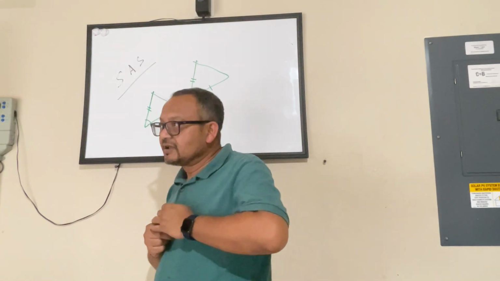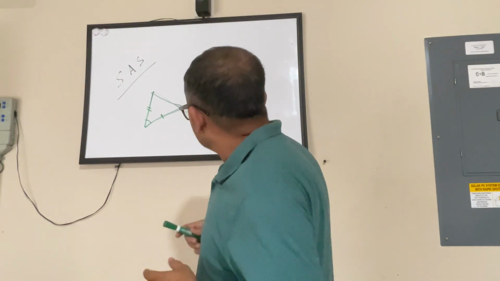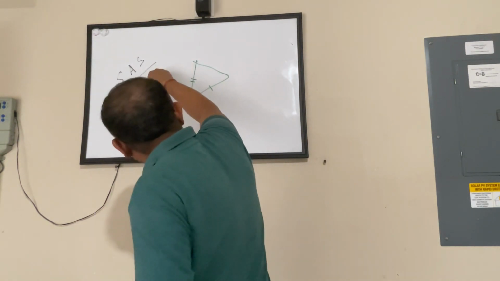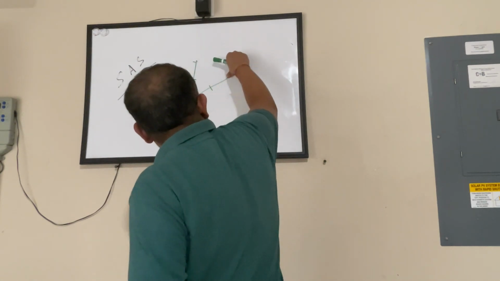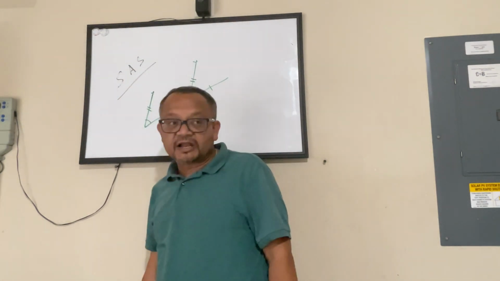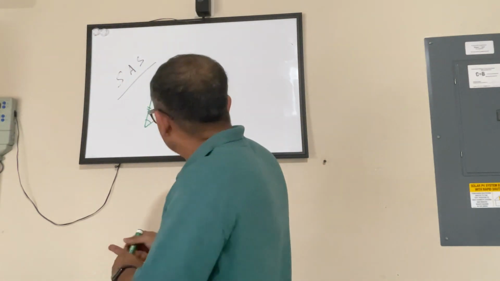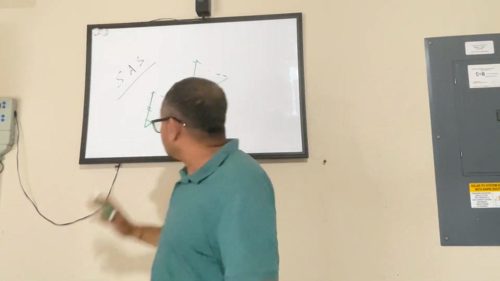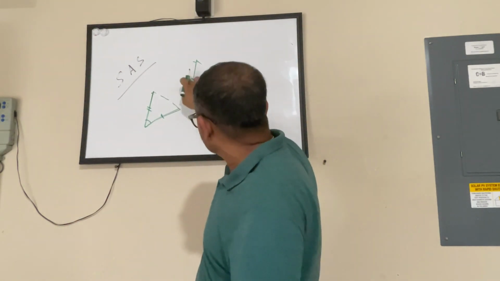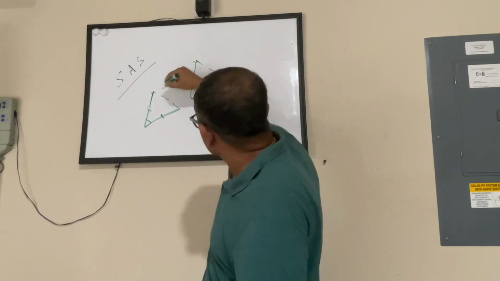Now, when you have to prove that two triangles are congruent, what you have to prove is that all the sides are of the same length and all the angles are the same. Two sides you already know are the same, and this angle is the same. How about this side?